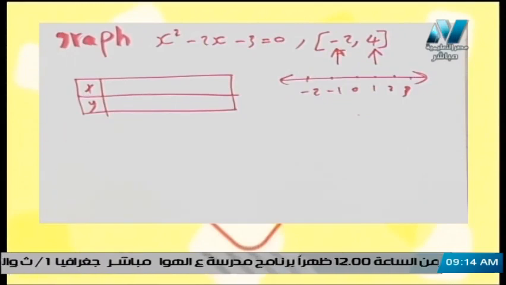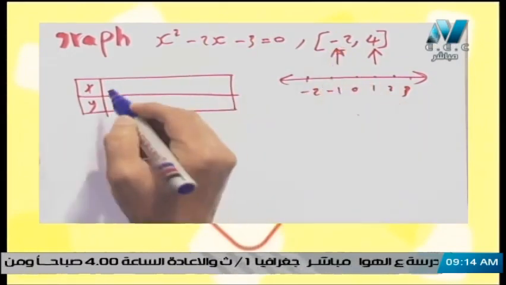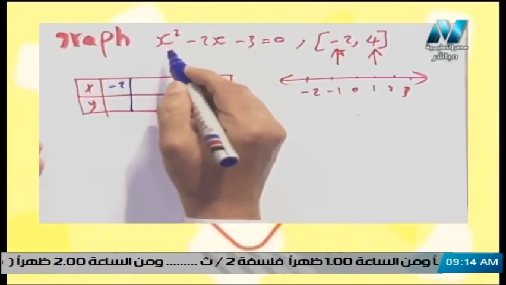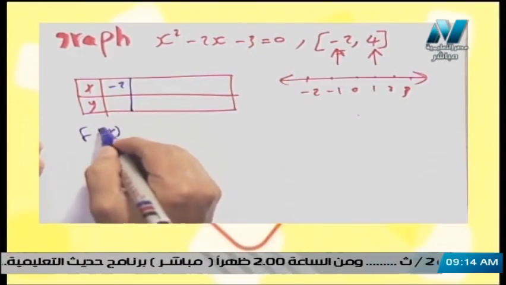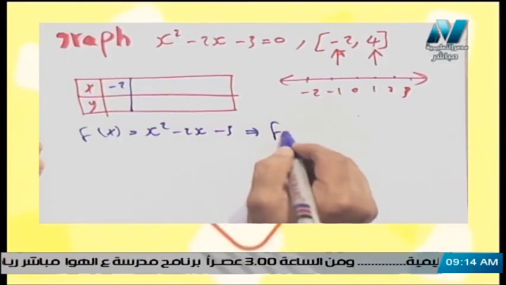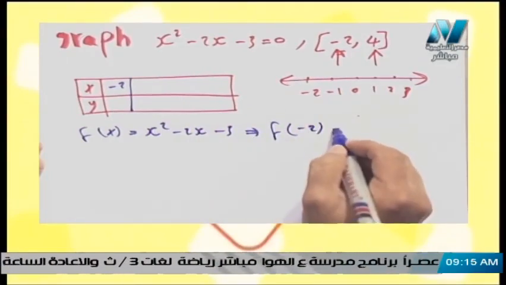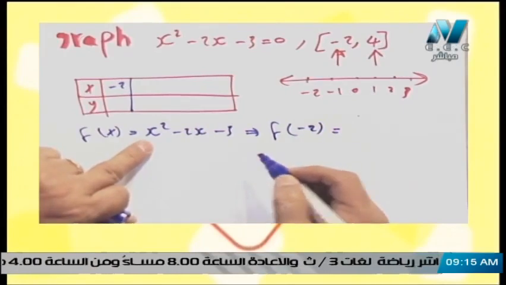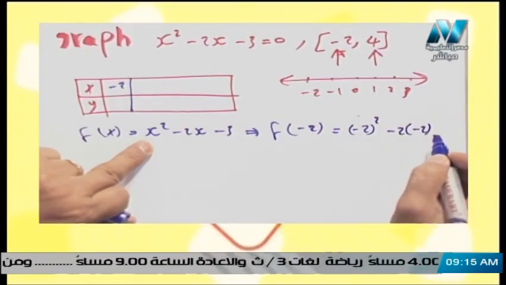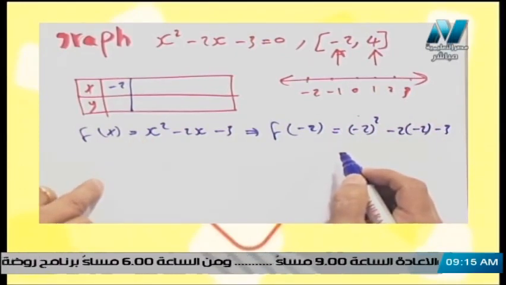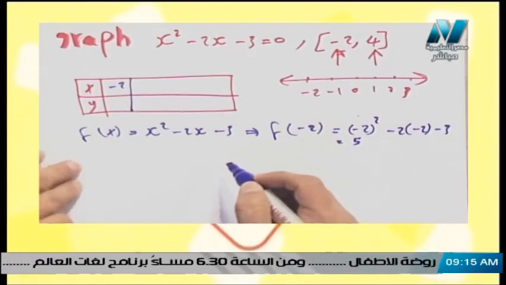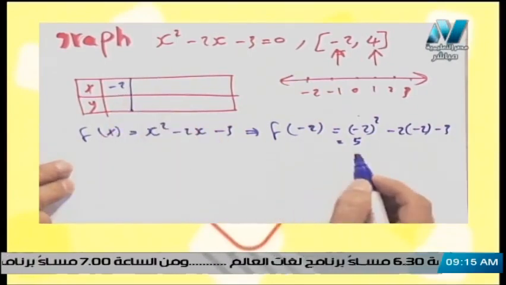What is x? X here is the number −2 first. We substitute in the function f(x) = x² − 2x − 3. f(−2) = (−2)² − 2(−2) − 3, and the answer will be 5. So at x = −2, the function equals 5.